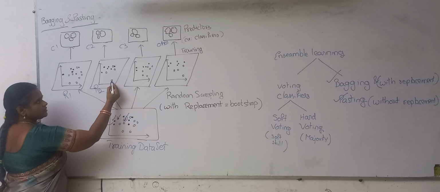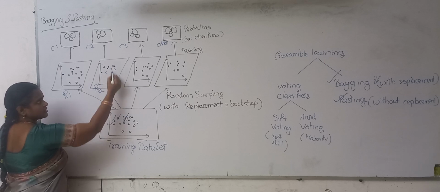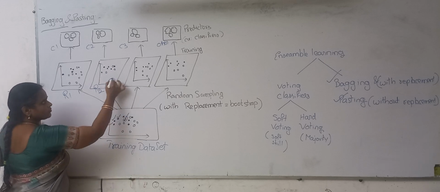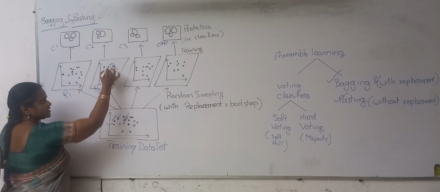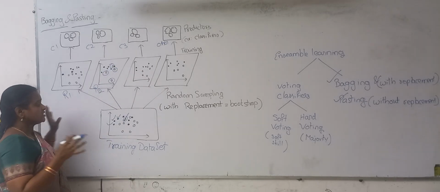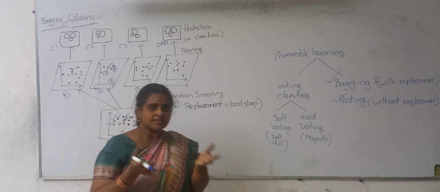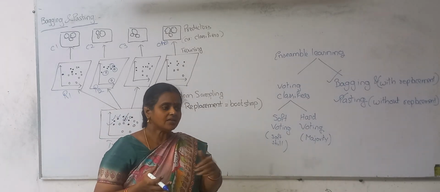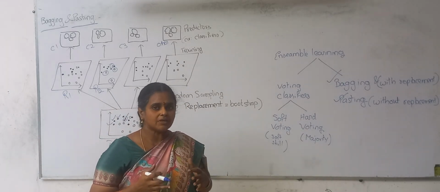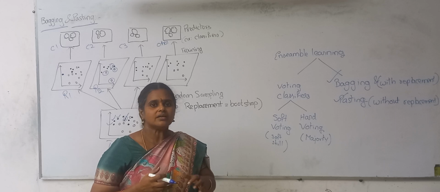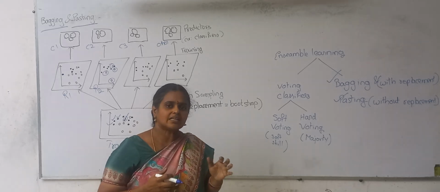And what about these circles? Here only a few circles have been given as input. Some of the samples in the entire training data set you pick randomly, and you distribute those samples randomly to the diversified classifiers.